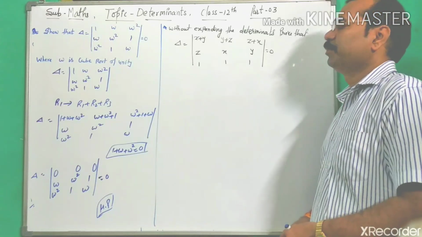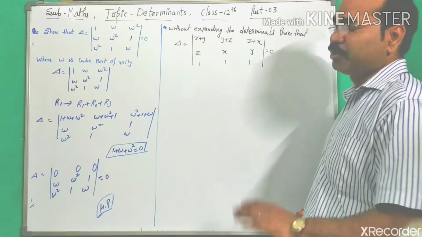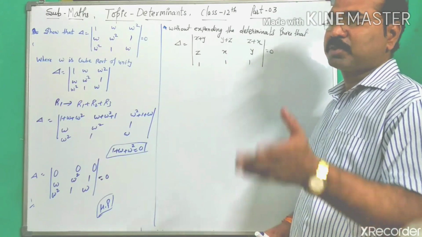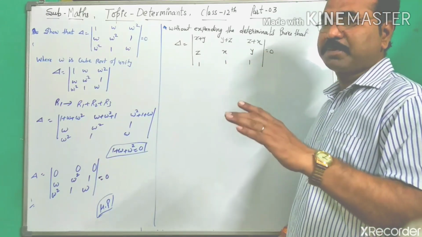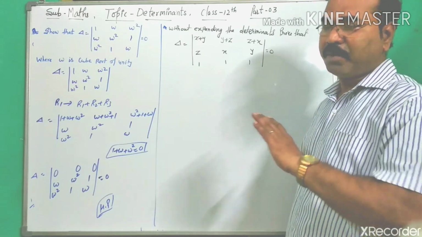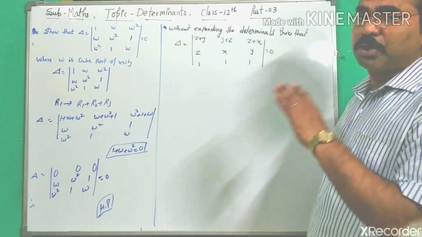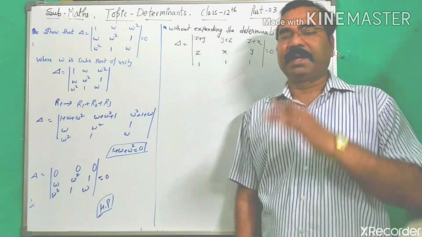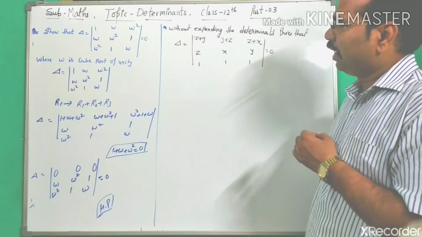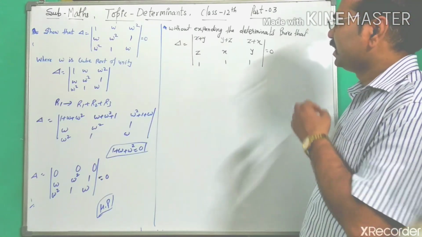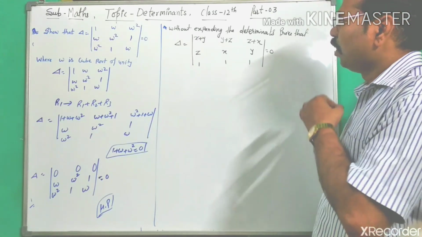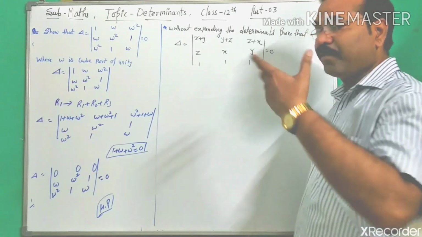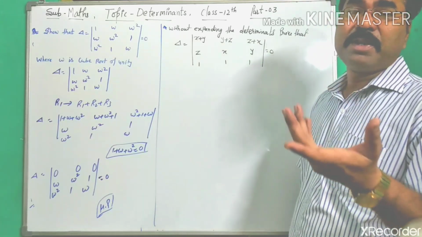Okay students, now we come to the second question. Without expanding the determinant, meaning you do not expand along R1 or C1 first, then R2 or C2, then R3 or C3. We are not doing that. According to your question, without expanding the determinant, prove that del is equal to |x plus y, y plus z, z plus x; x, y, z; 1 1 1|, equal to (x plus y plus z) times |1 1 1; x y z; 1 1 1|. If a row has 1 1 1 and another row is the same, the determinant value is 0.